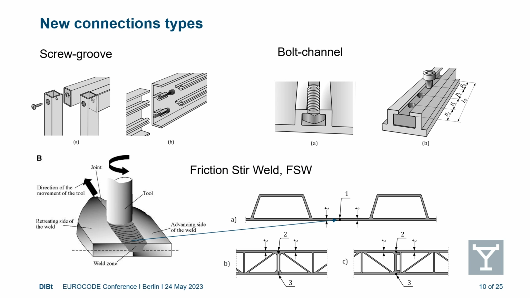New connection types. These connection types take advantage from the extrusion, which is one of the possible ways to produce aluminium members. Extrusion is typical of aluminium members. Steel cannot be extruded. Just a few types of stainless steels can be extruded.